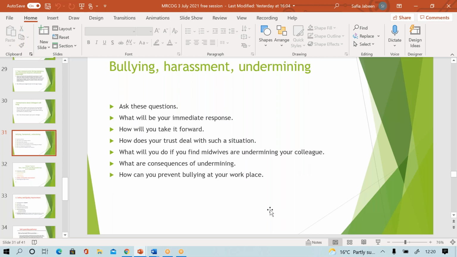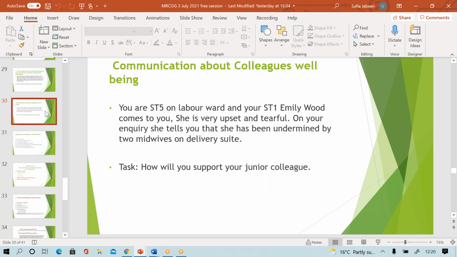Okay, ma'am, one doubt. In the station on bullying, how are we going to mention this, what is the importance of this? Importance of what? BMA? So you ask the person who is being undermined whether they are a member of the British Medical Association, and they are going to write it.